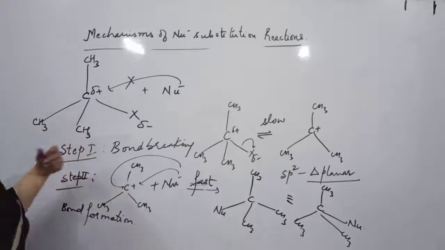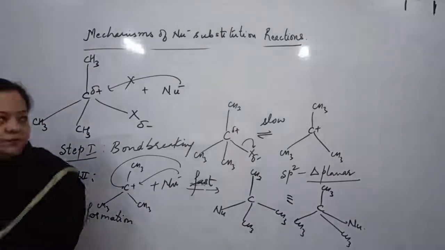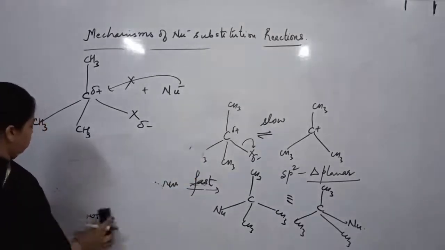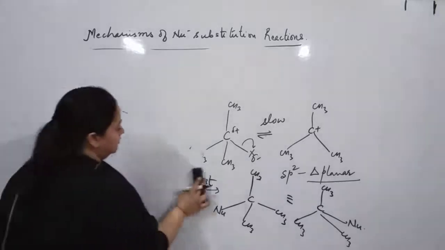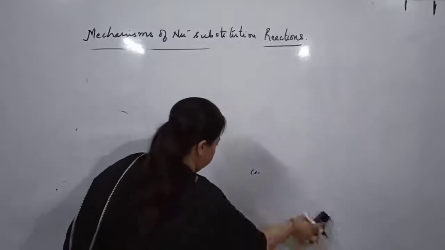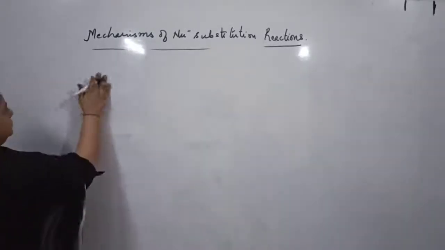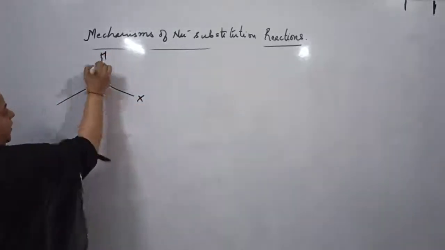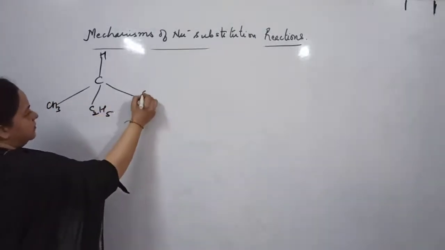Now let's consider the optically active compound for the same reaction. One hydrogen, second ethyl, third is ethyl.